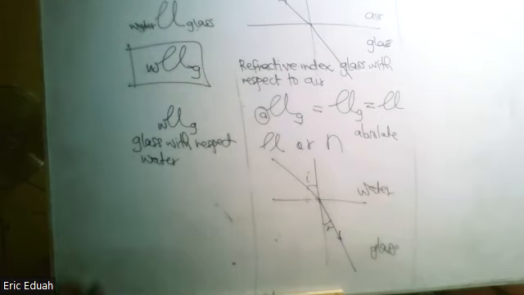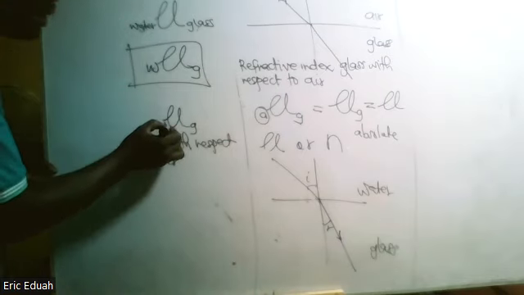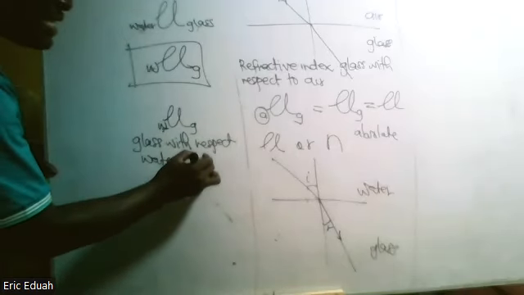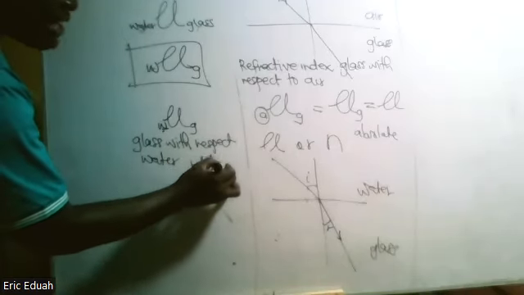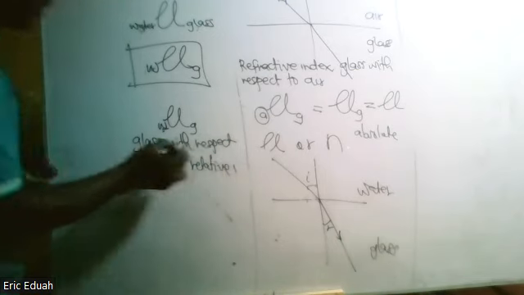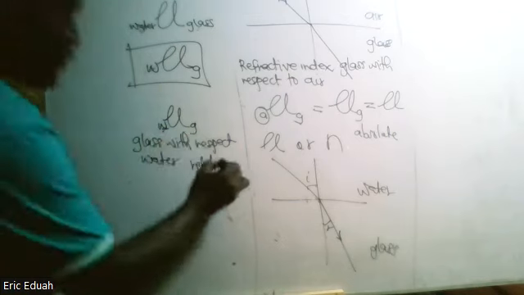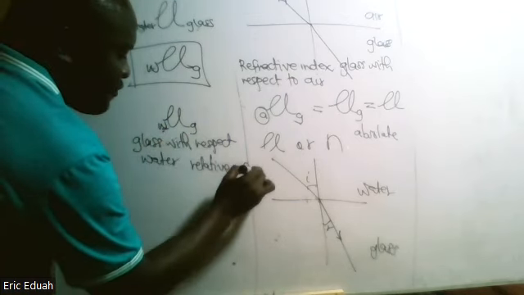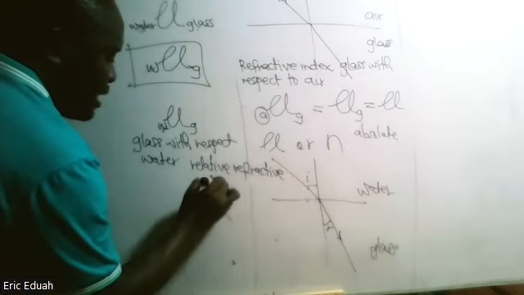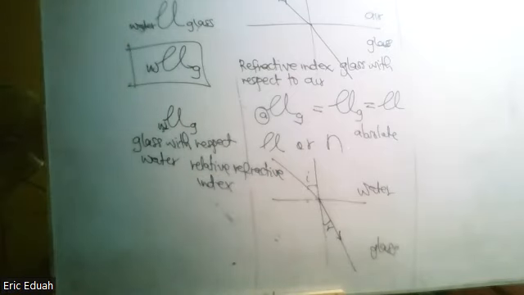If the first medium is not air, then we are talking about relative refractive index. So this explains the relative.